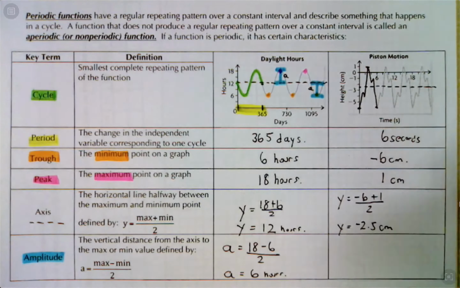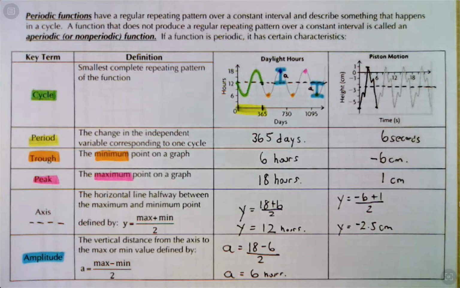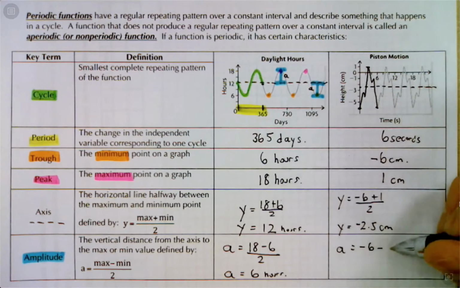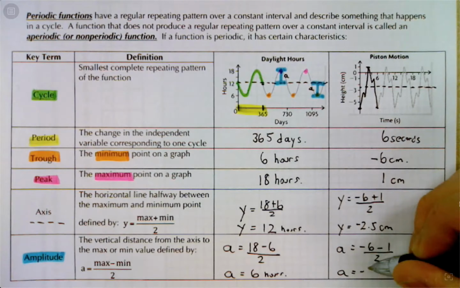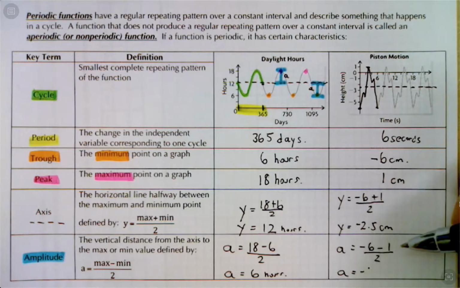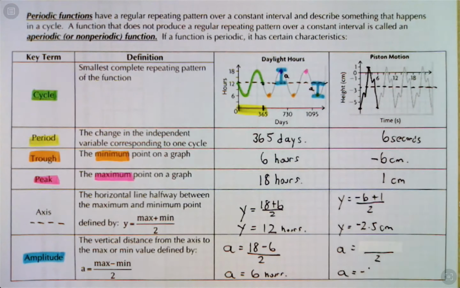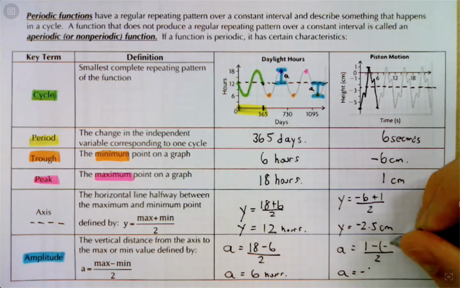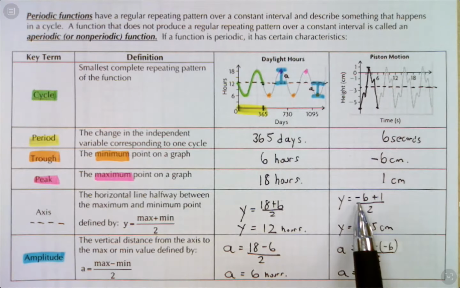And the amplitude is how far from here to here, or how far from here to here. And it would be -6 minus 1 divided by 2, sorry, I wrote that backwards. Amplitude always is positive. Sorry, max is 1, subtract the min. I wrote the one on top backwards then too. Max plus min.